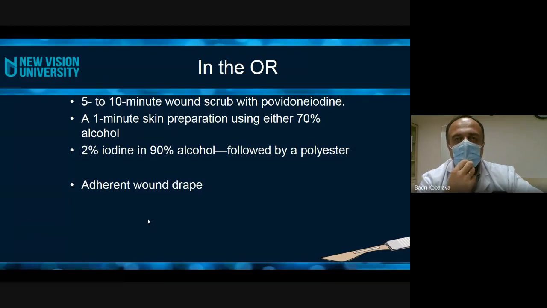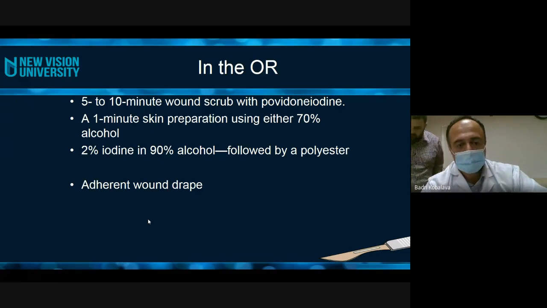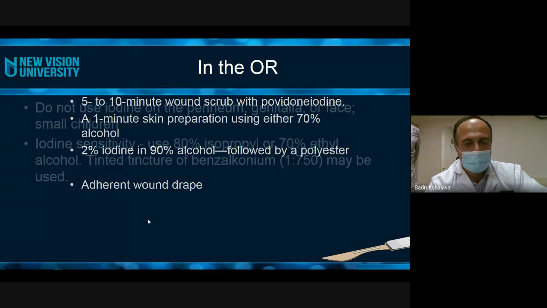After that, the sterile drape is used to cover everything around the wound, because you accidentally can touch surroundings of the patient and then transfer the infection from non-sterile things to the surgical wound. That's why draping is important.